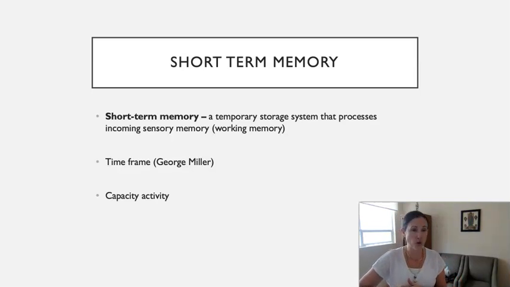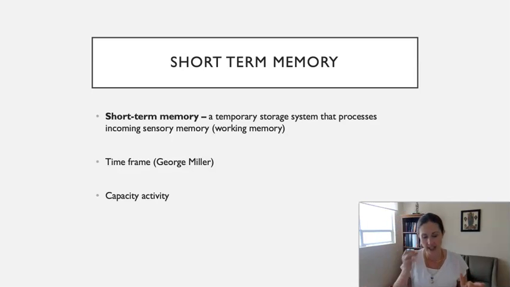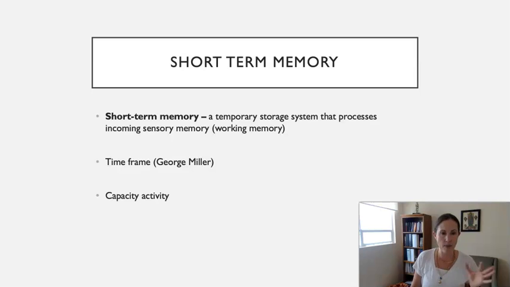The time frame for short-term memory, how long does it last? Without effort, without trying to keep something in your short-term memory, it will last about 30 seconds, give or take. That varies slightly based on what type of thing you're trying to remember. So anywhere from 20 to 30 seconds. And George Miller is the one who thought of that and the capacity.